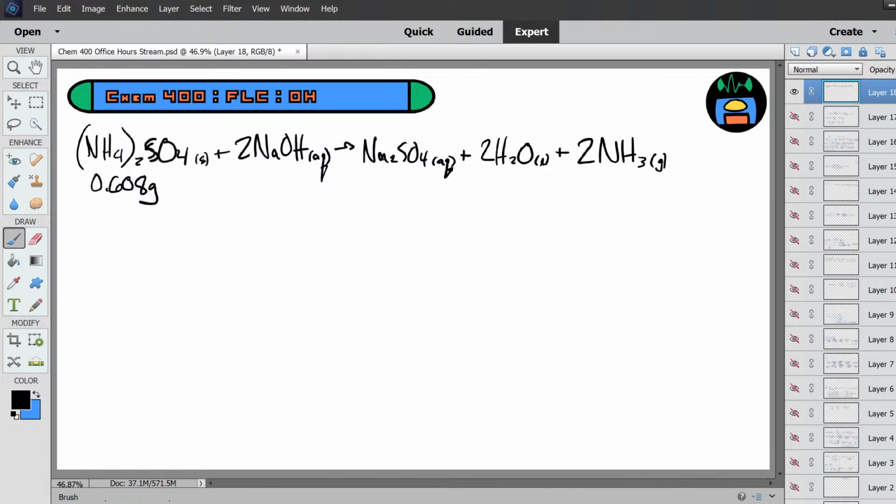It's analyzed for nitrogen by heating with sodium hydroxide. The ammonia was collected in... Sorry, hang on. I thought I knew where this was going, and then it took a surprise twist.